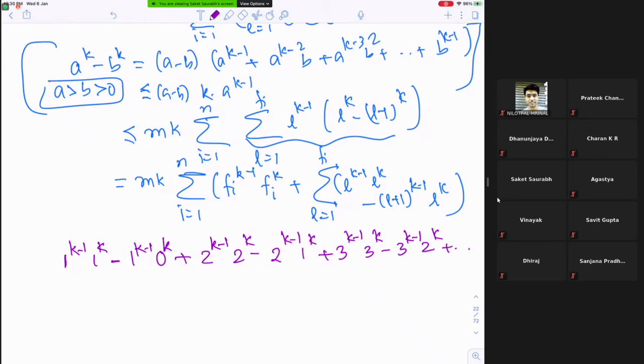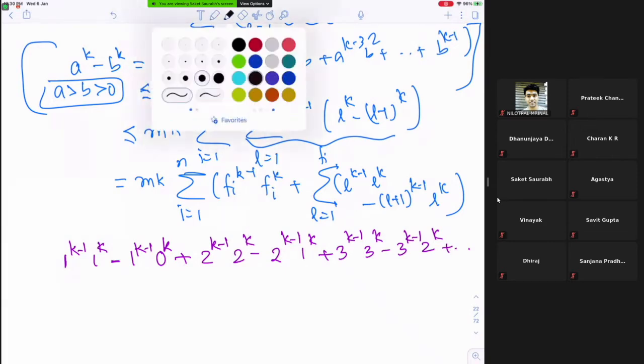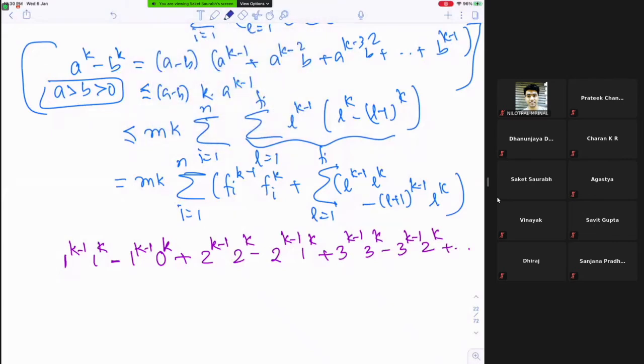Now what I'm trying to do is club these things. What is this? L^{k-1} L^k, (L+1)^{k-1} L^k. So I'm clubbing these terms with respect to the power. Which one am I going to club this with? You tell me.